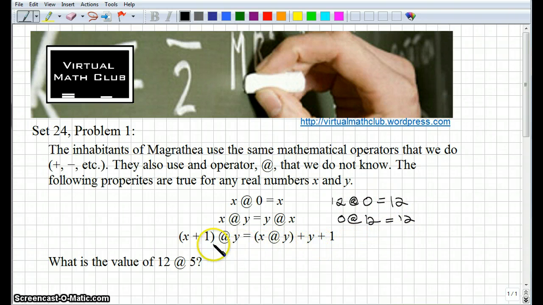And then we know that x plus 1 at y is equal to x at y plus y plus 1. All right, so let's see what we can do with that. Now that we have these two things here, you can probably see what we can do here.